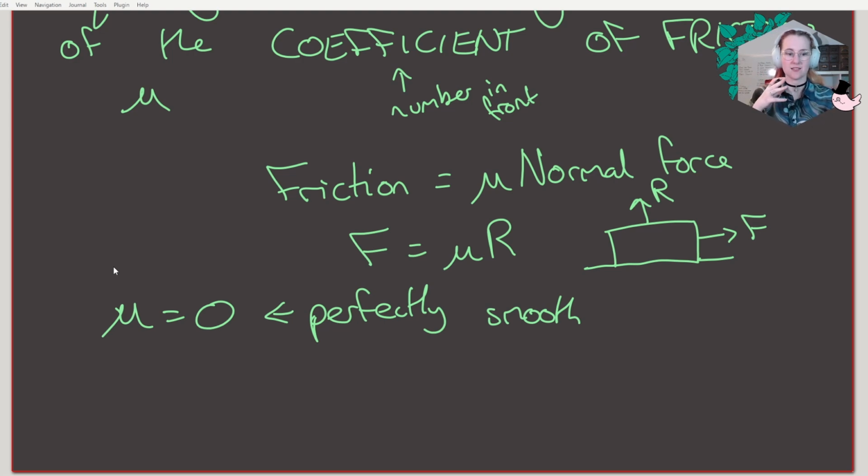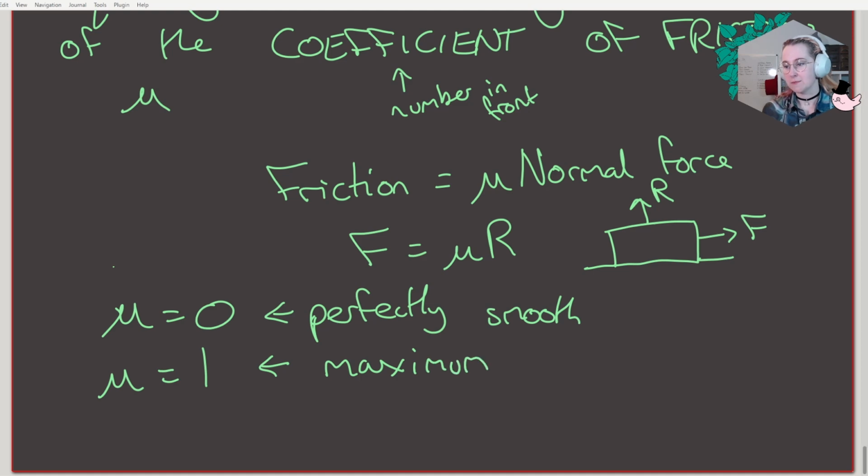But if I start pushing something, and the friction is bigger than my push, it's going to feel an increasing coefficient. So it's not fixed for the object, it's fixed for the situation. But if mu is 1, the maximum it can be, then it's the maximum friction felt.